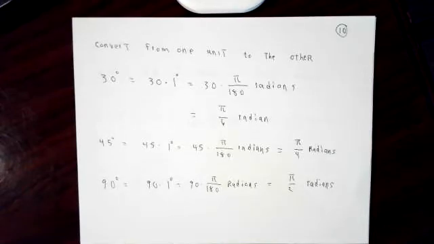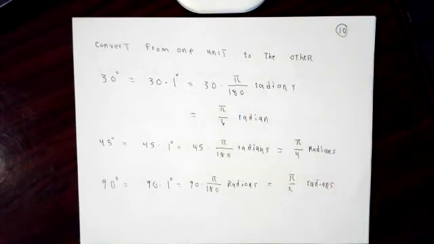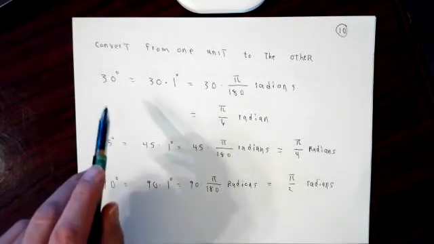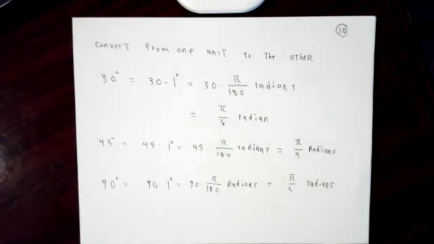Suppose you had an angle of 30 degrees. That's 30 times 1 degree, and 1 degree is pi over 180 radians. This has a factor of 30 in it. Cancel that out, and you find out that 30 degrees is pi over 6 radians.